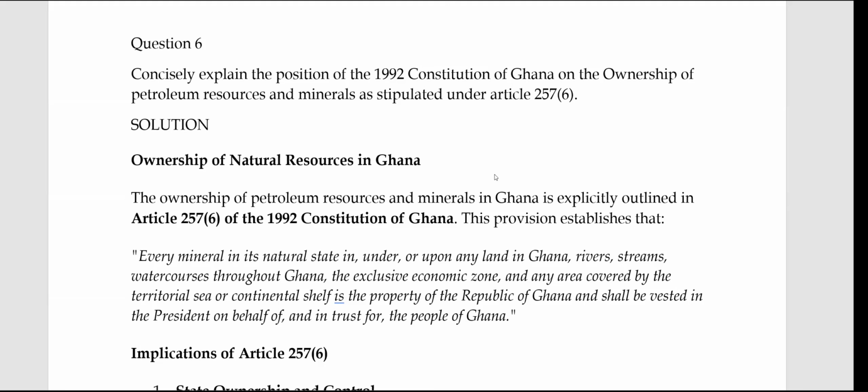This provision establishes that every mineral in its natural state in, under, or upon any land in Ghana, rivers, streams, watercourses throughout Ghana, the exclusive economic zone, and any area covered by the territorial sea or continental shelf is the property of the Republic of Ghana and shall be vested in the President on behalf of and in trust for the people of Ghana.